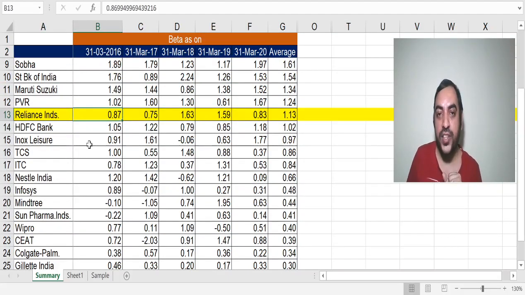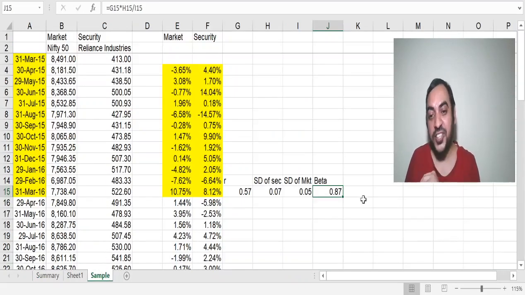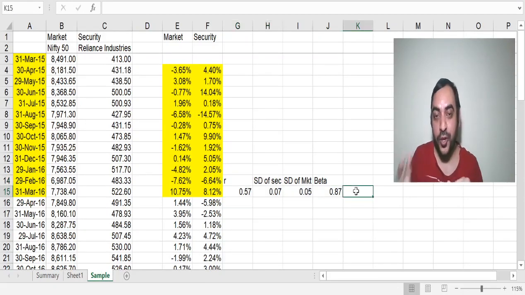Hope you got how to calculate it. Actually, I'll tell you one more easier, faster method to calculate. We don't require these three things. I tell you so that you remember as a revision, for exam purposes. In Excel, there's a formula called SLOPE. Beta is nothing but the slope in a straight line.